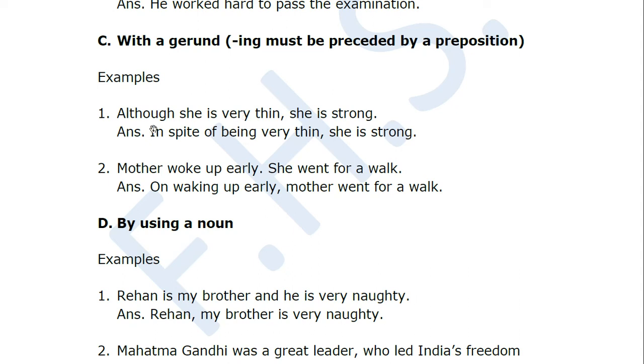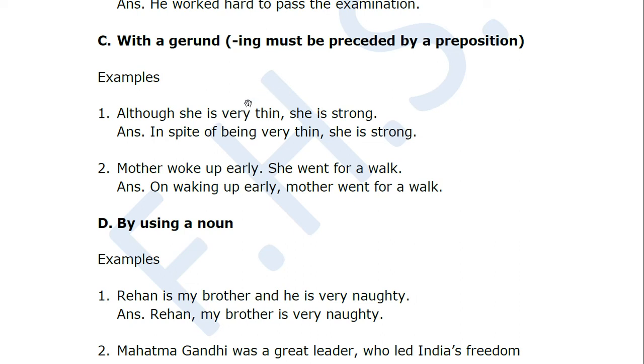Okay. So first one. Although she is very thin, she is strong. So what are your two verbs? Is and is. Is there twice. So you have to change. Now if you look at both the sentences, these are opposites. If someone is thin, you expect them to be weak, but here it is the opposite.